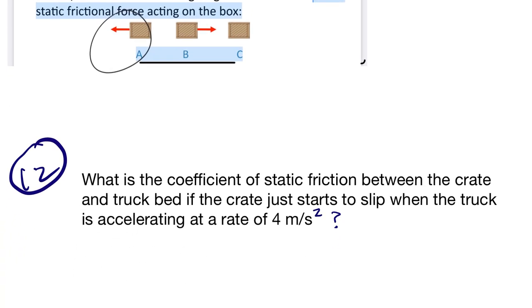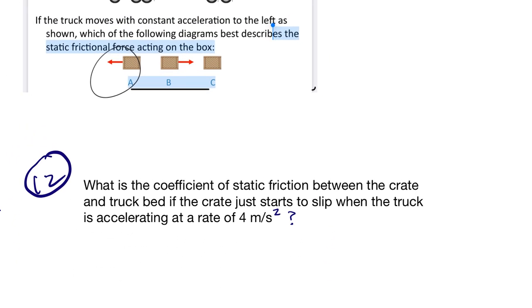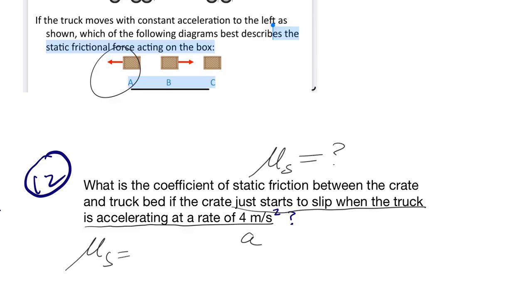Okay, so let's solve the problem. What is the coefficient of static friction between the crate and the truck, if the crate just starts to slip when the truck is accelerating at a rate of 4 meters per second squared? So that's the A. They're looking for the coefficient of static friction, which is the static friction over the normal force.